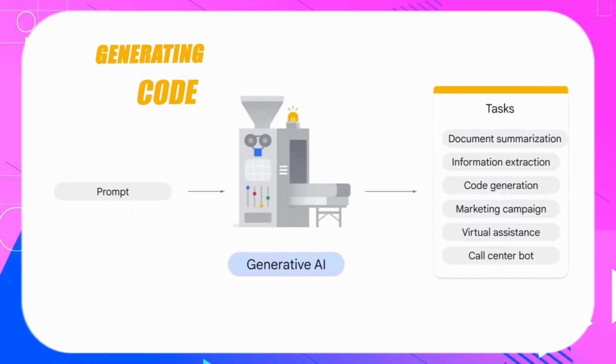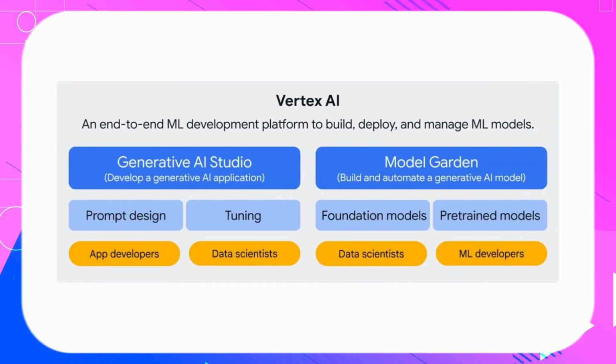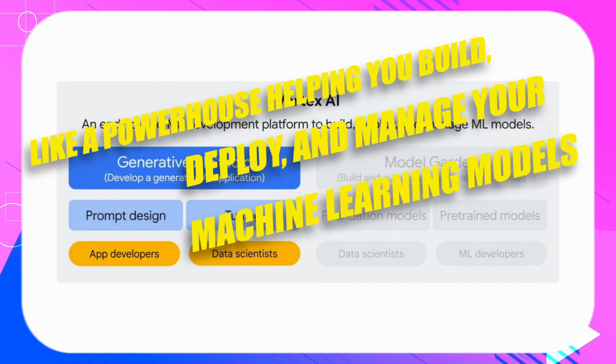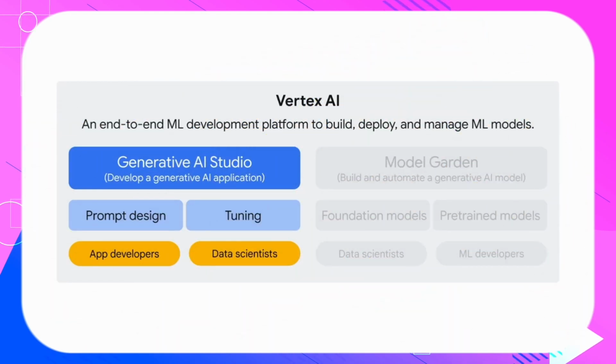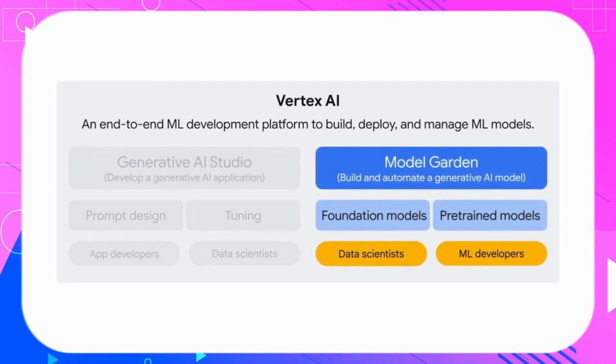Now, they talk about this sweet thing called Vertex AI, Google Cloud's end-to-end ML platform. It's like a powerhouse helping you build, deploy, and manage your machine learning models. If you're into app development or you're a data science wizard, they've got this generative AI studio that lets you whip up and customize AI models without breaking a sweat, no code or low code needed.